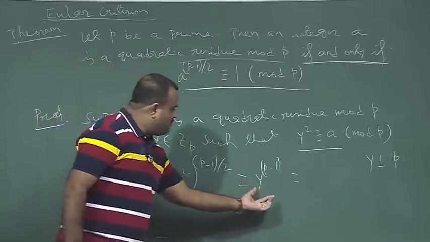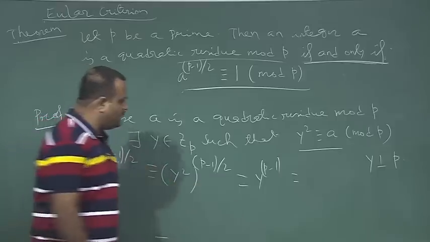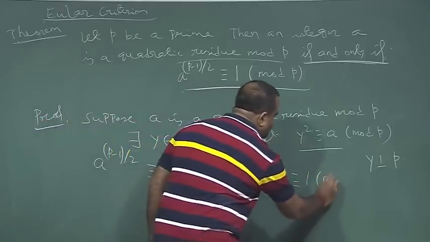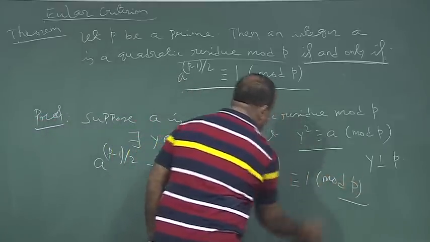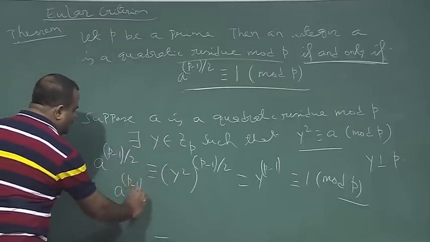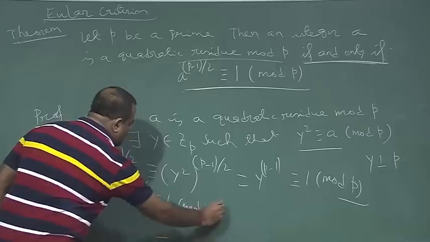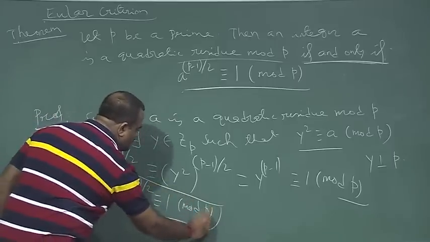So, by Fermat's little theorem, a particular case of Euler's theorem, this is basically 1 mod p. So, this part is done: a to the power (p minus 1) by 2 is congruent to 1 mod p.